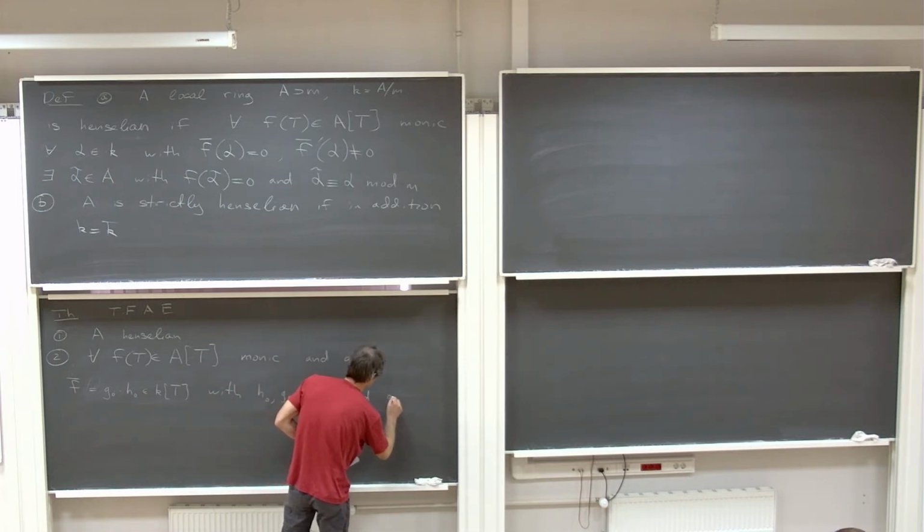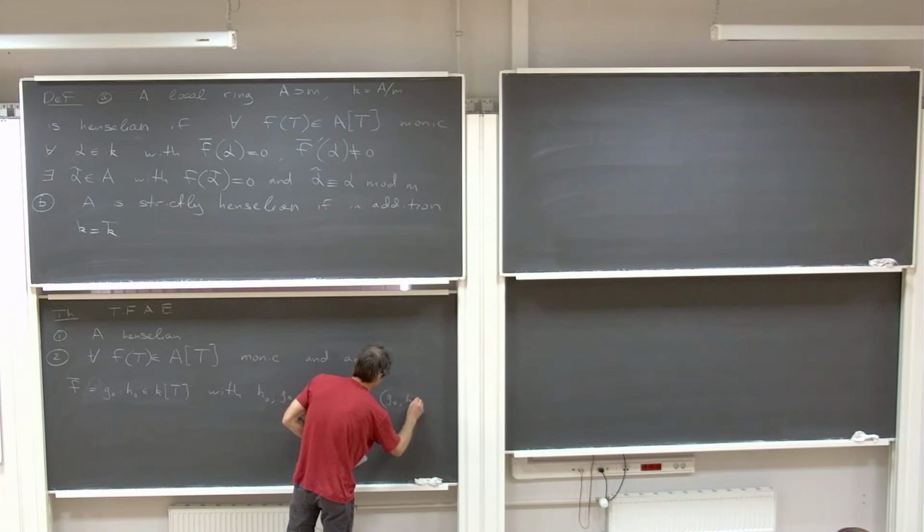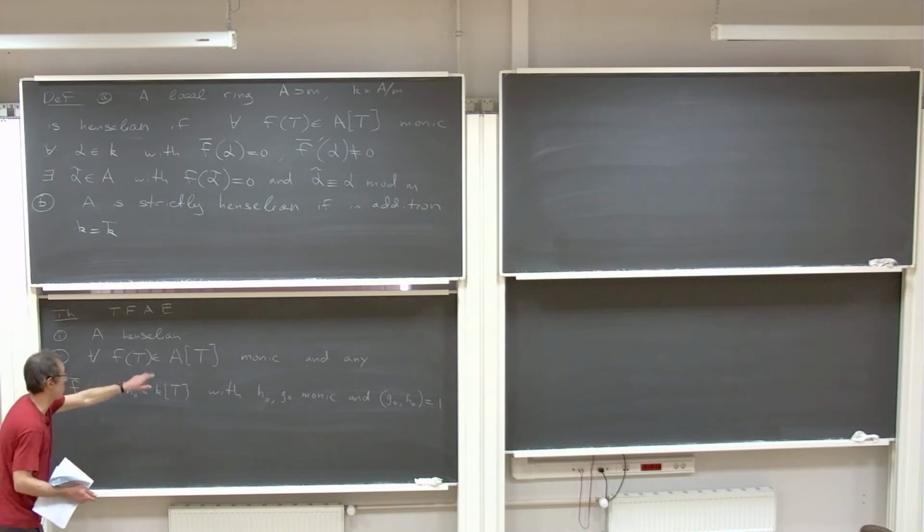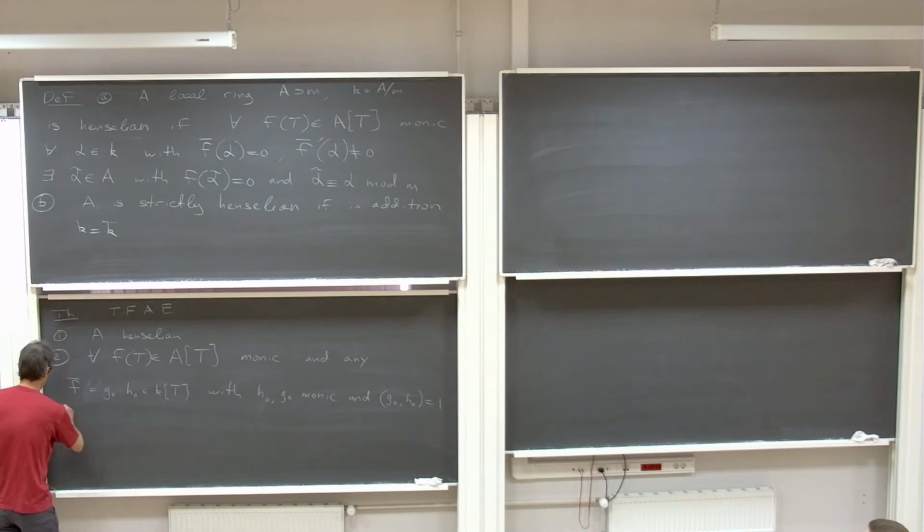The greatest common divisor of G0 and H0 is 1, so the ideal they generate is the entire ring.